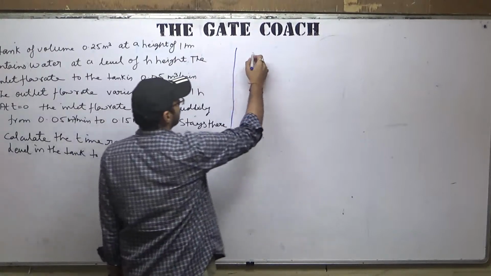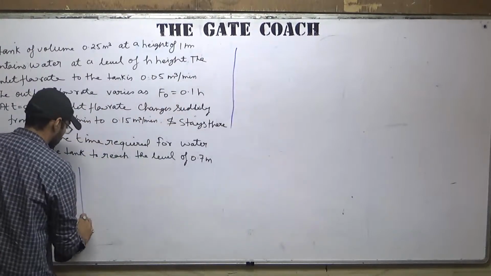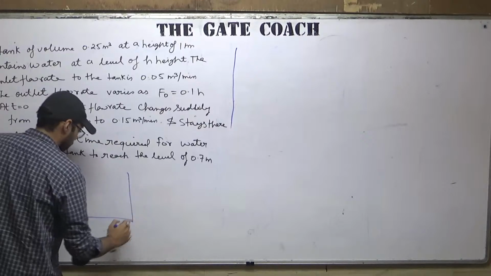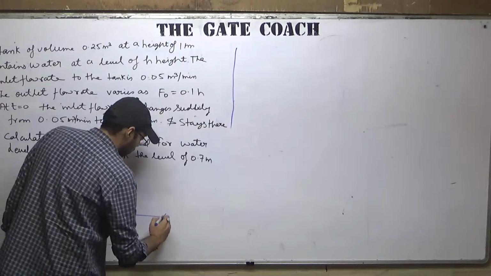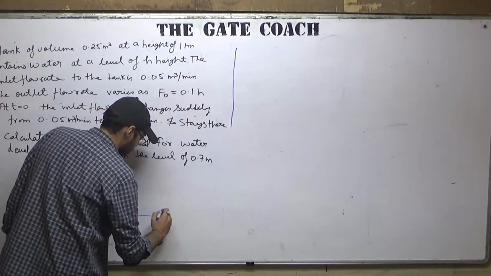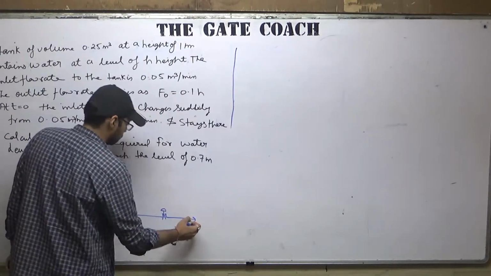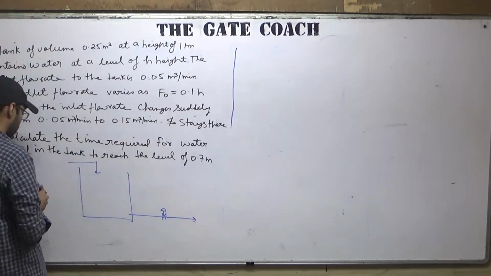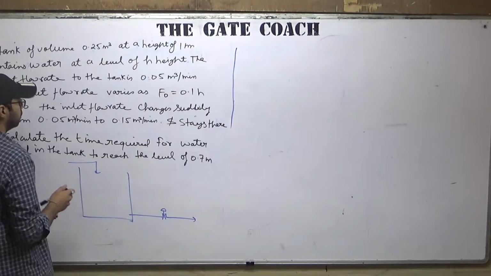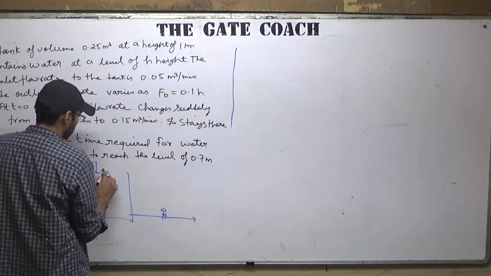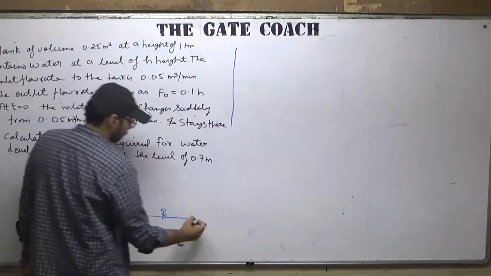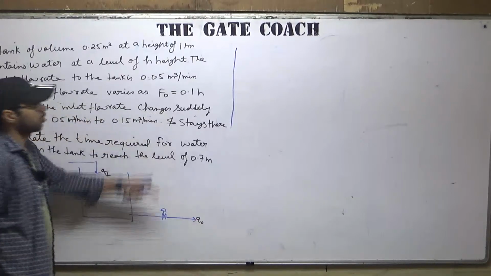We know one thing. This is a tank. This is Qi. This is Q naught. Take Q naught equals F naught.